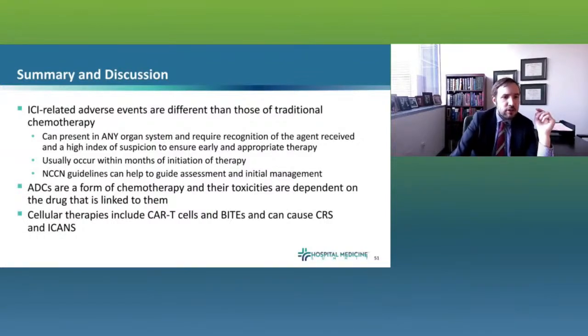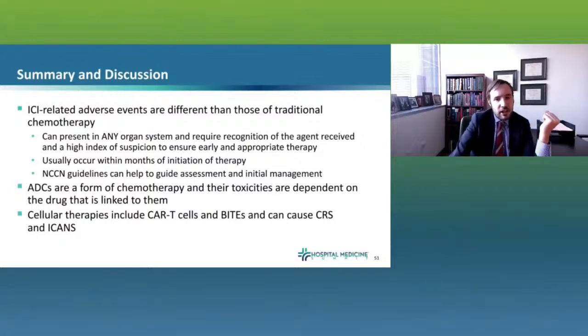And we did see the excellent NCCN guidelines to help guide us in our assessment and management as it pertains to specific organ involvement. We saw the thyroid and the colitis example. And then ADCs, or antibody drug conjugates. They are a form of chemotherapy, and their toxicities are dependent on the drug that is linked to them. I like that it says form of chemotherapy.